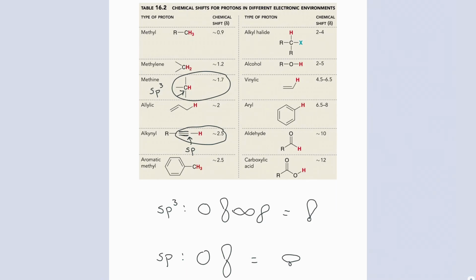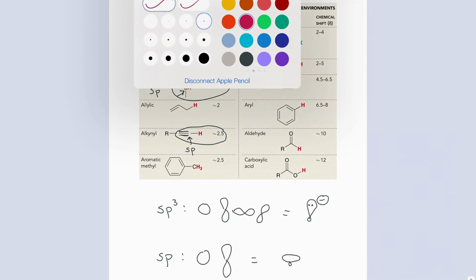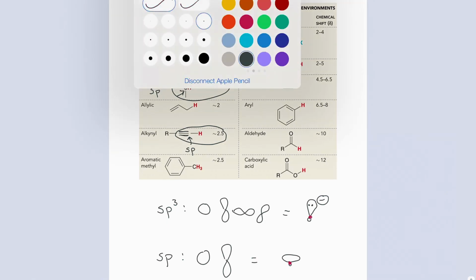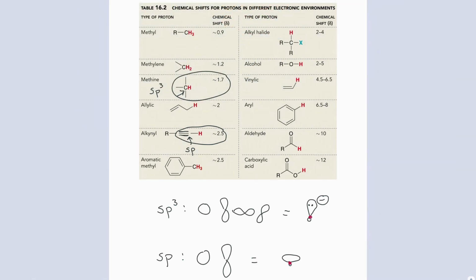And what you'd want to notice here is that the sp3 orbital keeps the electrons further away from the nucleus. The nucleus is at the node, so it's right here. In the sp3 orbital, the electrons are far away from that, whereas in the sp orbital, they're really close. And so, because they're closer in an sp orbital, they're more neutralized.